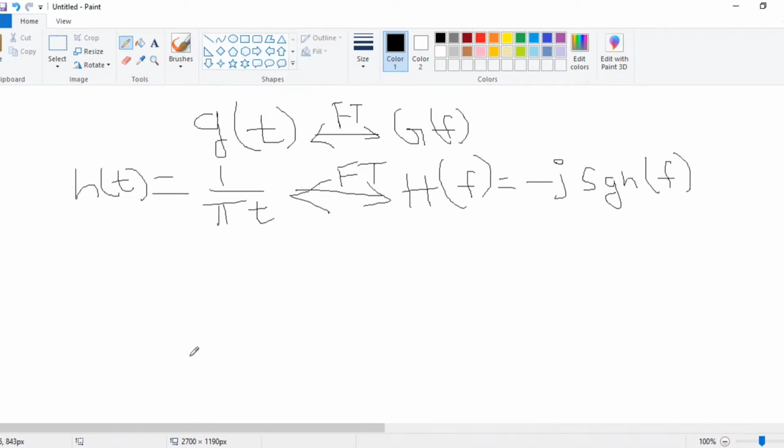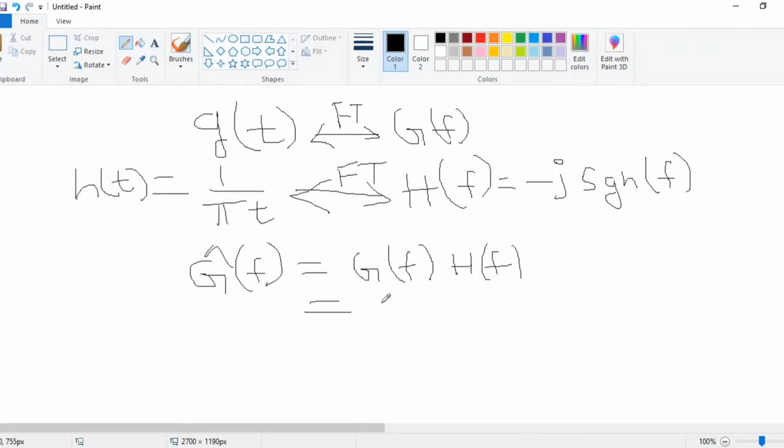So what we'll do to get the Hilbert transform, g cap of f will be equal to g of f multiplied with h of f, all of you can note this down, which is equal to g of f multiplied with minus j signum of f.